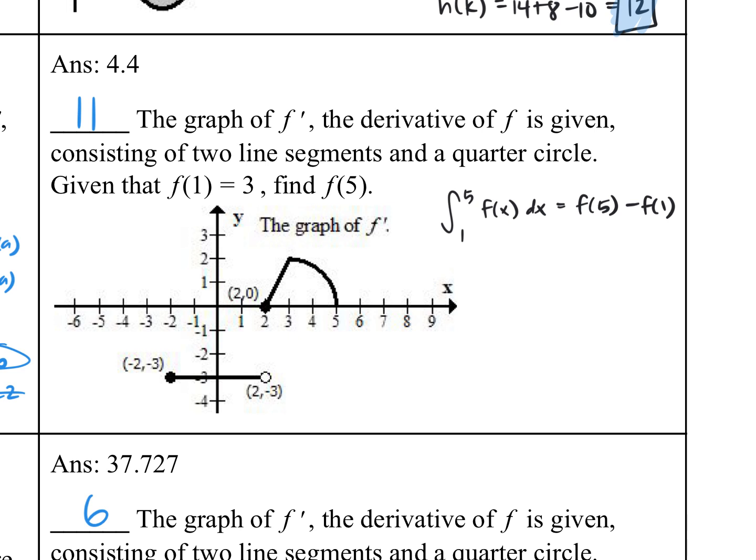So from 1 to 5, I need to find the area underneath that curve. So this area right here would be 3, and then I'm going to split this up into a quarter circle and a little triangle there. So that little triangle will be 1/2 base times height.